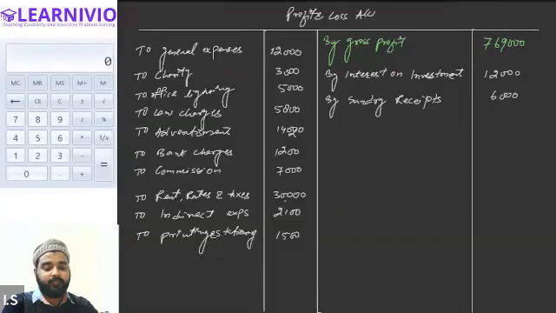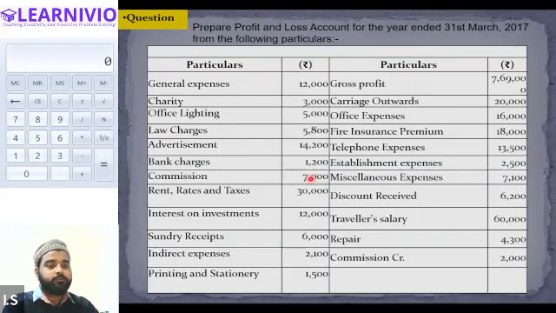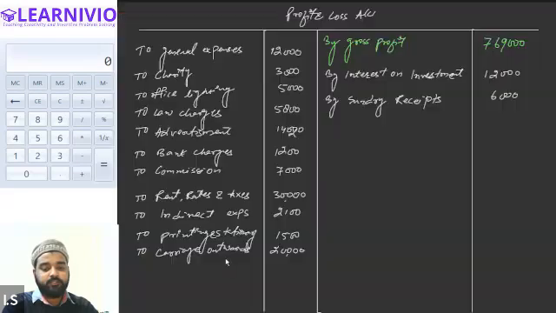Carriage outward, to carriage outwards, 20,000. Okay. Next item, office expenses 16,000, again on the debit side, to office expenses 16,000.